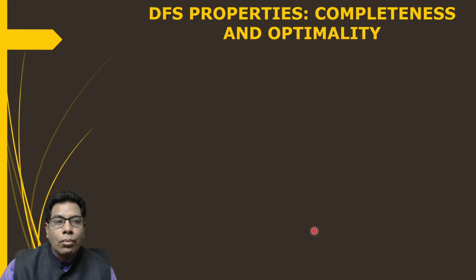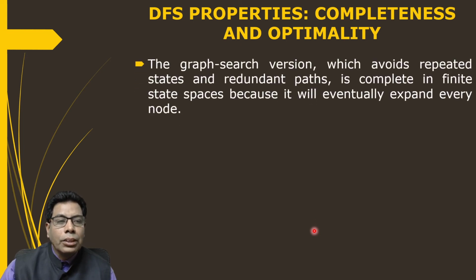Then another property is completeness and optimality. We'll just go through this. The graph search version, which avoids repeated states and redundant paths, is complete in a finite state space because it will eventually expand every node.